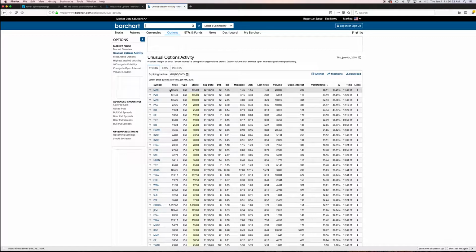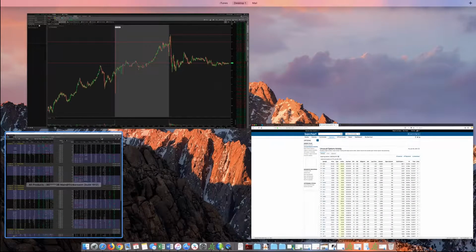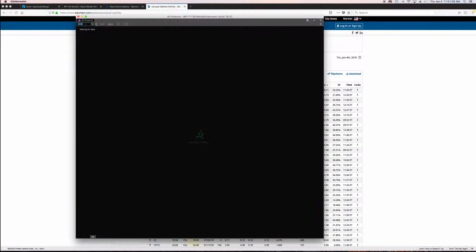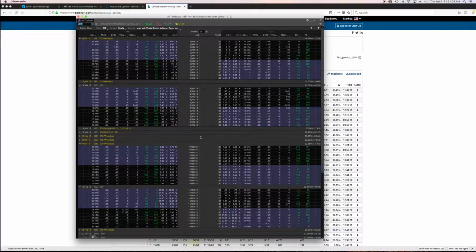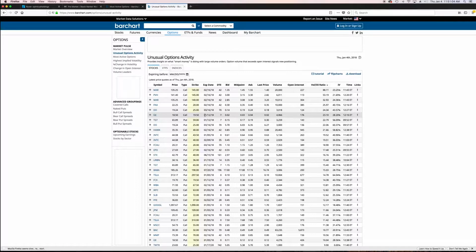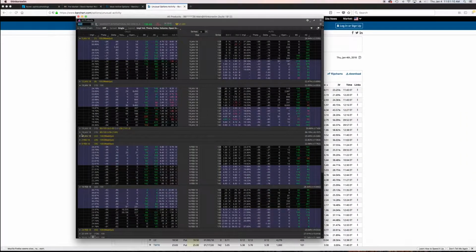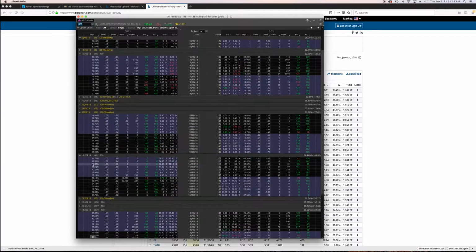This particular option here, MAR, I'm not familiar with this company, but let's go take a look at it. Does it tell us the expiration of February 16? So let's look at that. February 16, yeah, this is very unusual volume here.